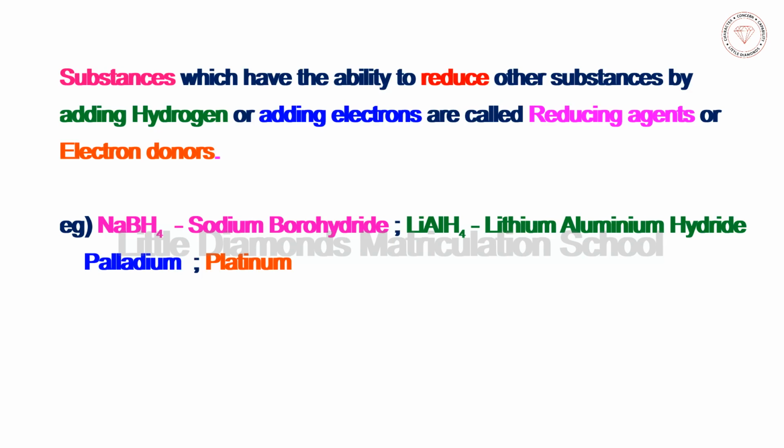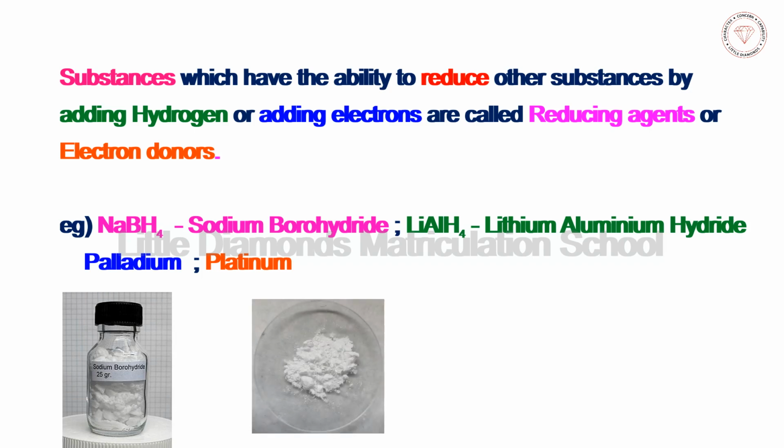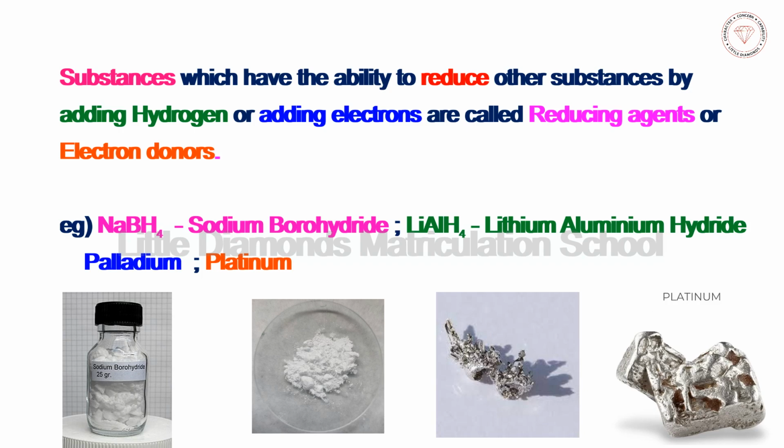Certain substances have the ability to reduce other substances by adding hydrogen or adding electrons. Such substances are called reducing agents or electron donors. Example, sodium borohydride NaBH4, lithium aluminium hydride LiAlH4, palladium and platinum are some reducing agents.